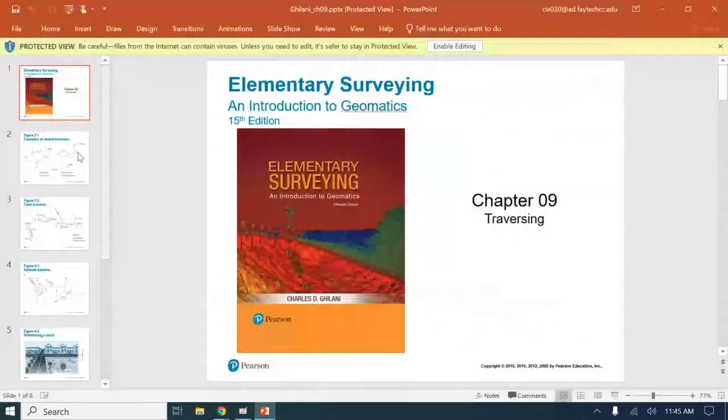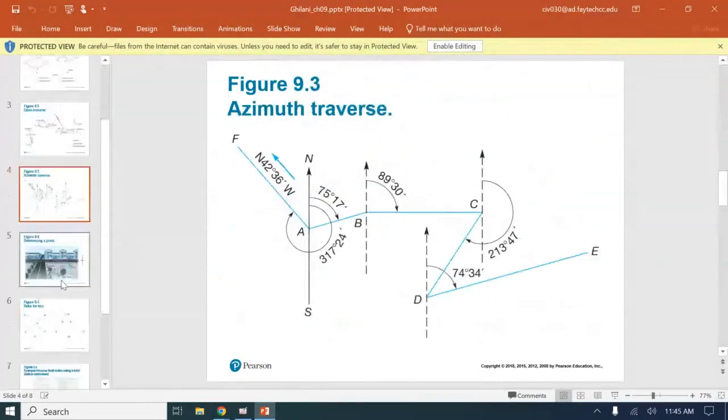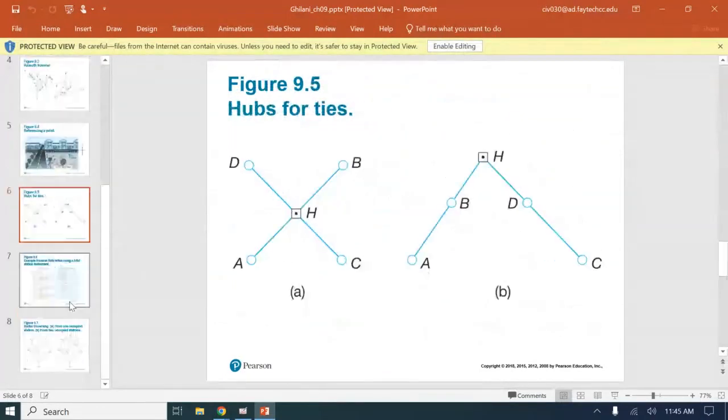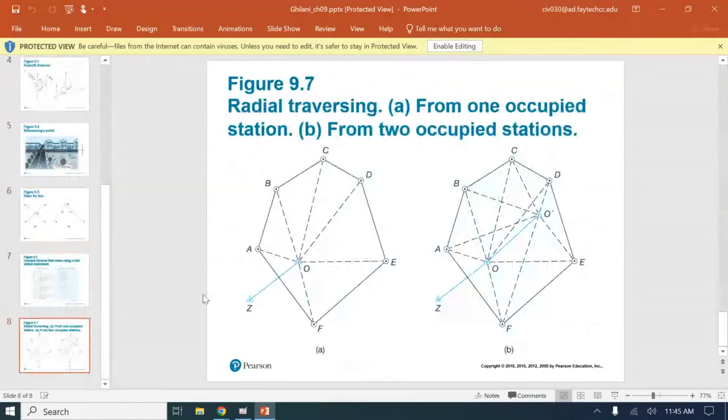Nine are examples of traversing, just like you did outside where we traversed around the building. Those were all examples of how we could have traversed.